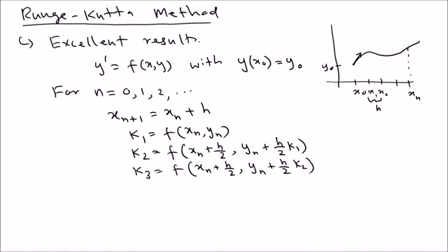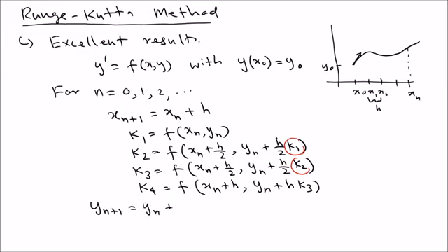So k1 goes there, and then k2 goes there, and then we have k4. What is k4? It is f(xn plus h, yn plus h times k3). So we calculate those extra slopes, and after you calculate the slopes, your next approximation value y(n+1) is given by yn plus h divided by 6 times (k1 plus 2k2 plus 2k3 plus k4).